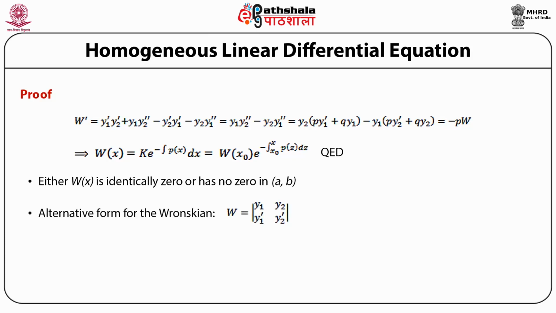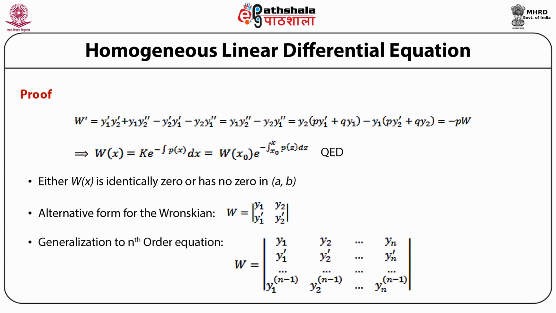The Wronskian is usually written in the alternative form of a determinant. The Wronskian can be written as the determinant with the first row y1, y2 and the next row y1', y2'. In this form, the Wronskian for a set of n functions of a real or complex variable is defined as the determinant W where the first row is given by the elements y1, y2 and so on till yn.